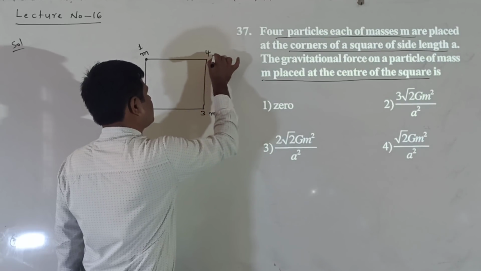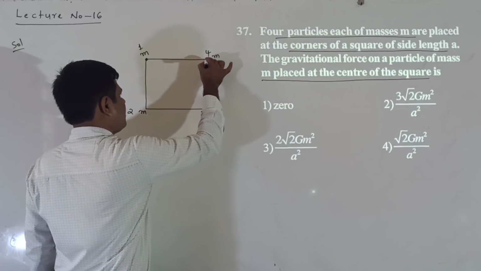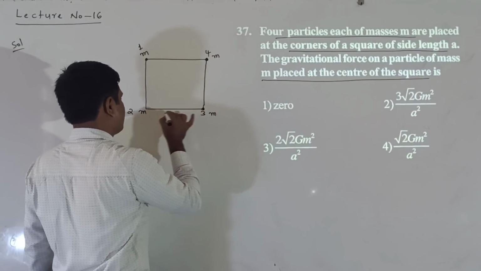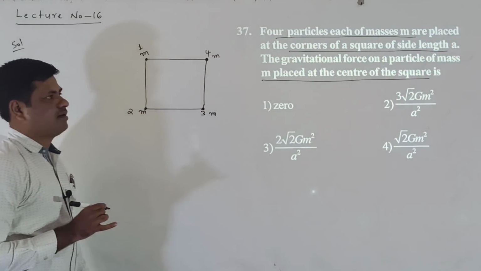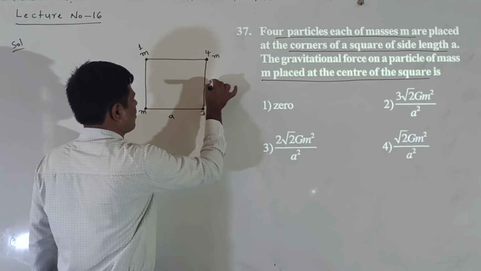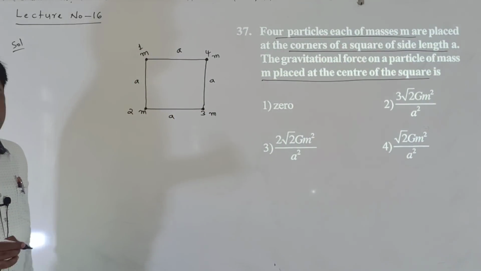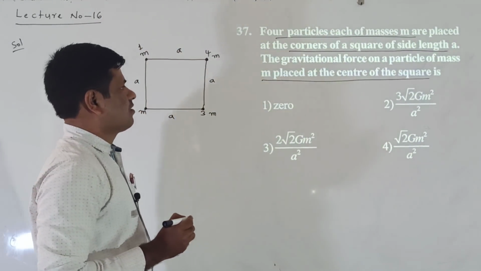At the 4 corners I am placing the mass m. 4 particles, each having the mass m. Each side of the square is A.